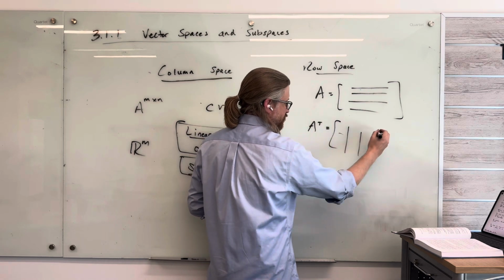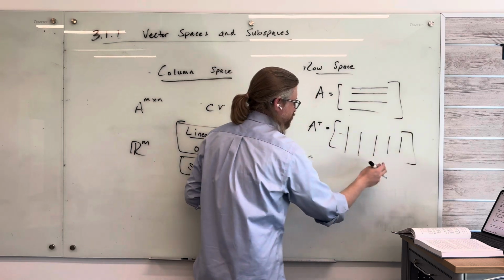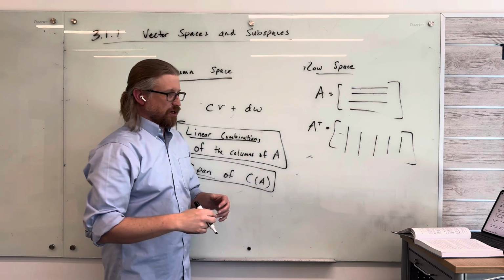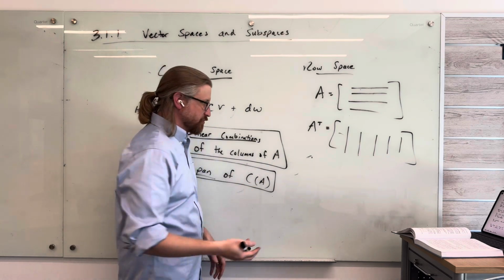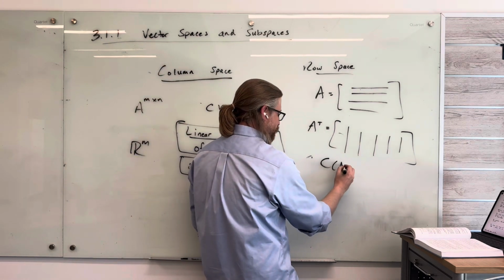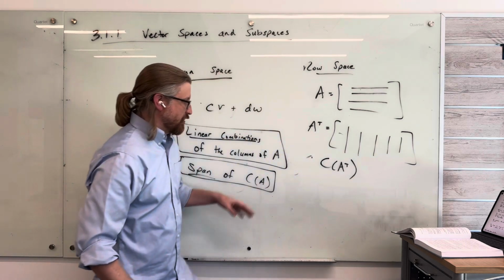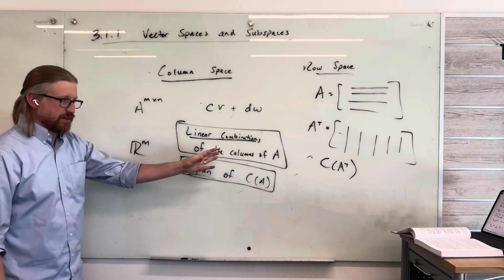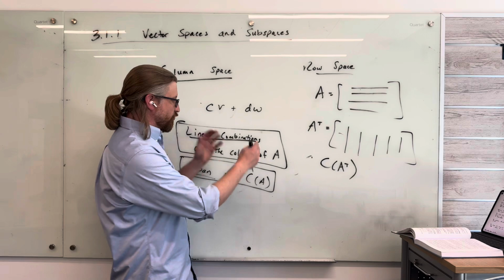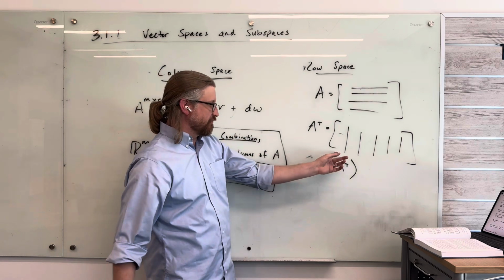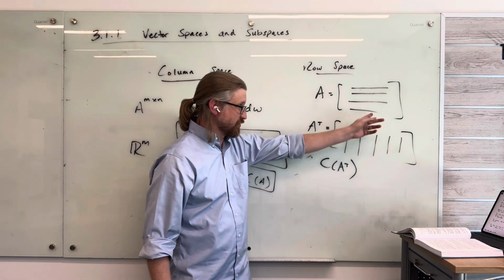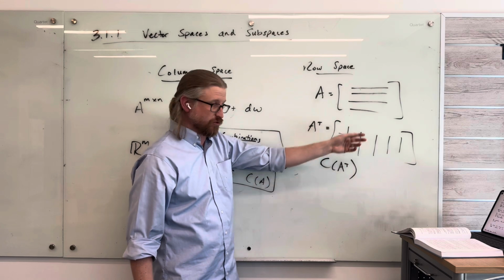I can now take these rows and turn them into columns. And so when we talk about row space, we're actually still talking about a column space, but we're talking about the column space of the transpose of A. And then we're following the same format that we talked about here. We're looking at what are all of the possible combinations of these columns, which is essentially the same thing as the combinations for my rows of A.